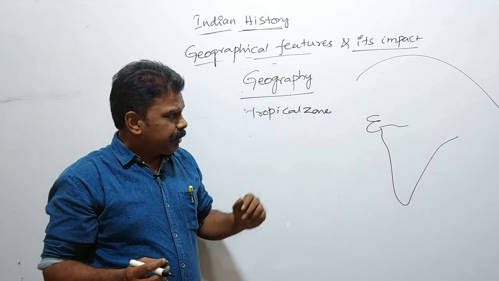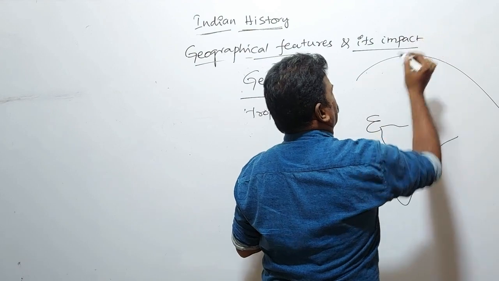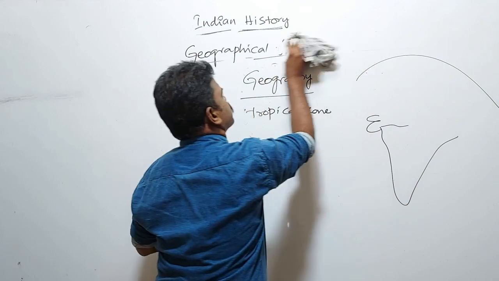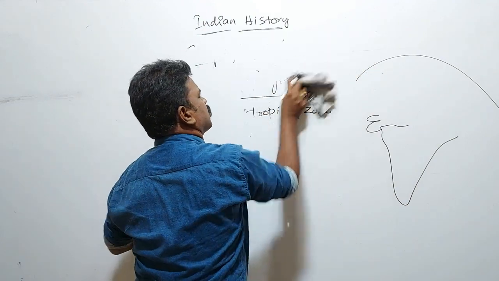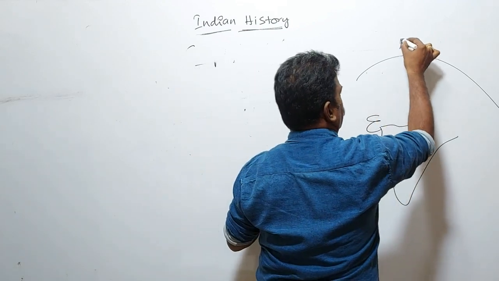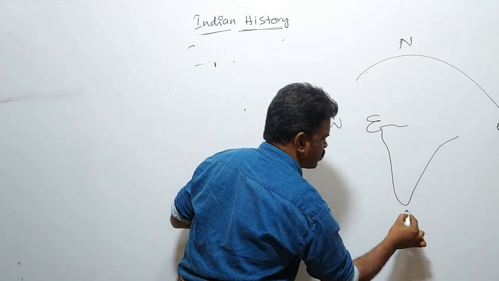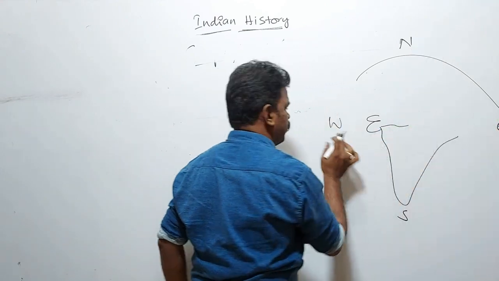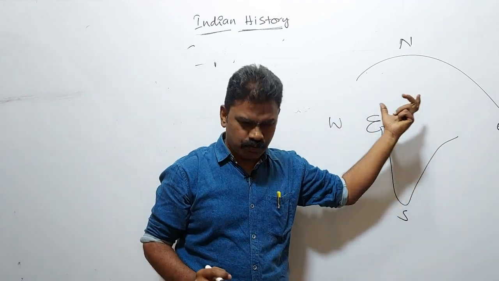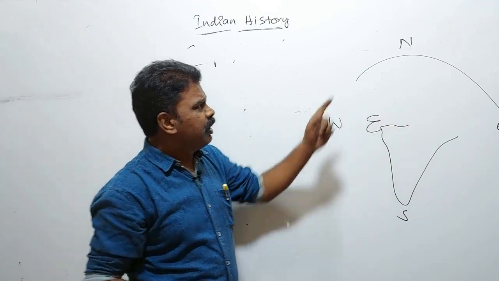Coming to the boundaries of the Indian subcontinent, take north, east, west, south: NEWS. North, east, south, west.